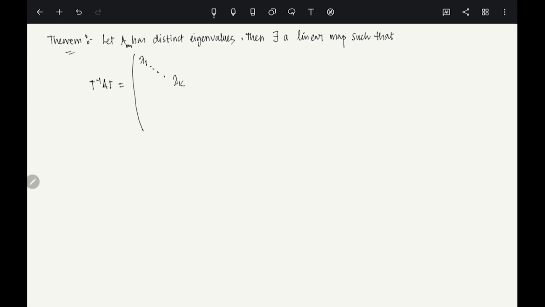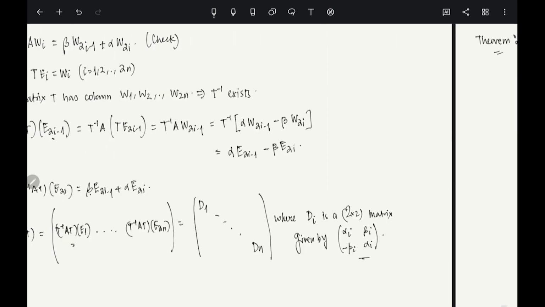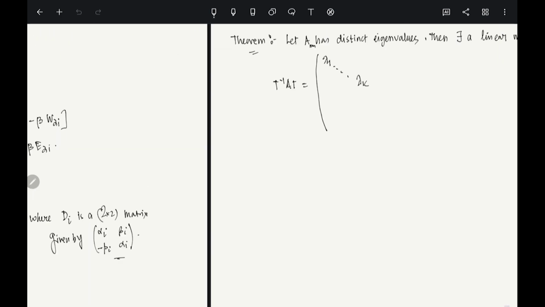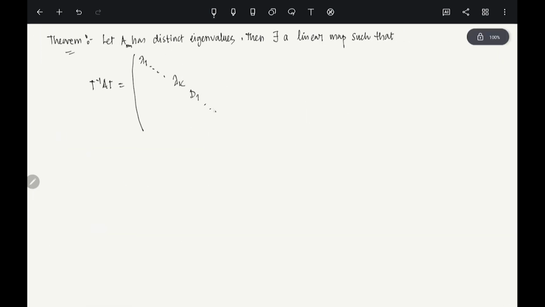Distinct eigenvalues can be real or complex. For the complex part, what you have is D1, D2, ..., Dp, where Dp will look like this: alpha p, beta p, minus beta p, alpha p.